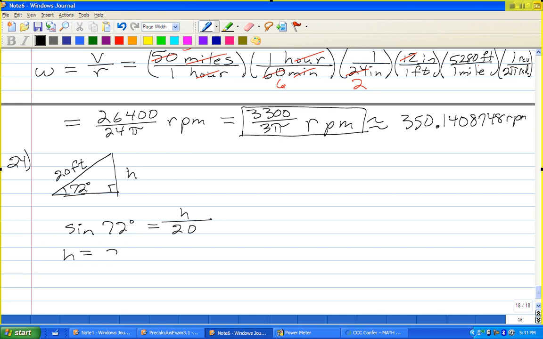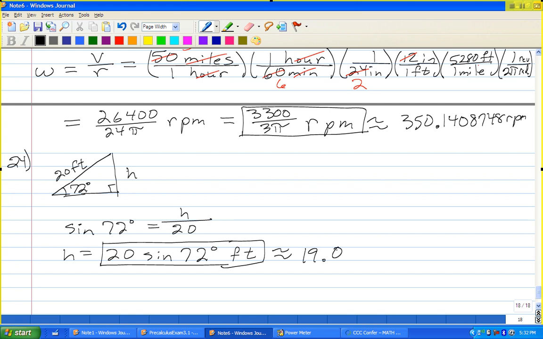And so the height is 20 sine of 72 degrees, and so, feet. This is approximately 19.02113033 feet.